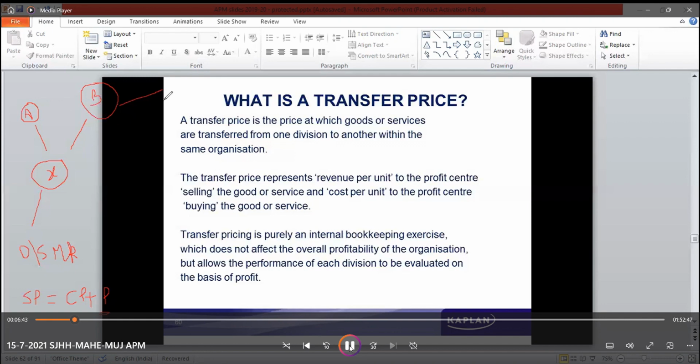The overall impact on the organization may not be profitable. So it is not a mere matter of whether the selling department agrees to transfer the material to the buying department. The overall impact on the organization also has to be looked into.